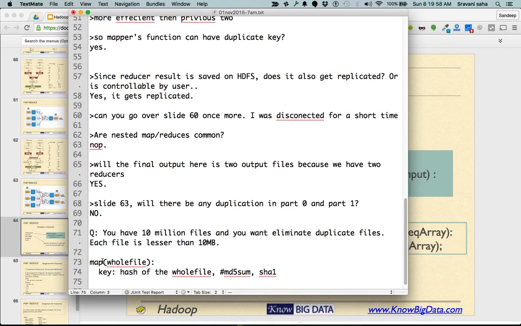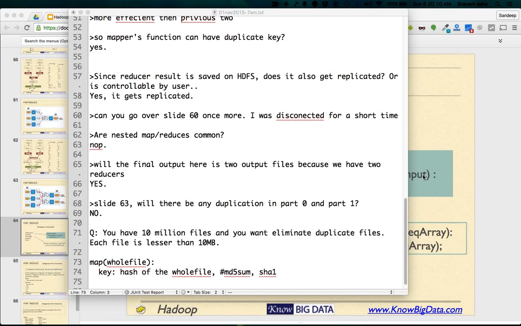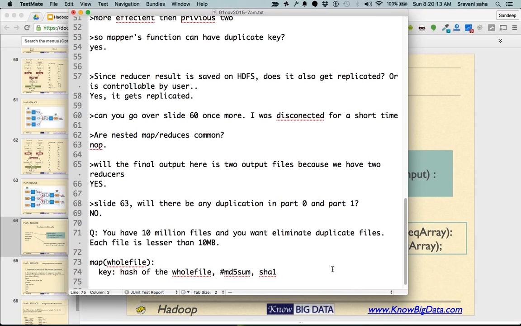There are many algorithms which can give you a signature which is difficult to produce by altering the content. Yes, so the mapper is computing the hash of the content of the whole file, that's correct, Pankaj.